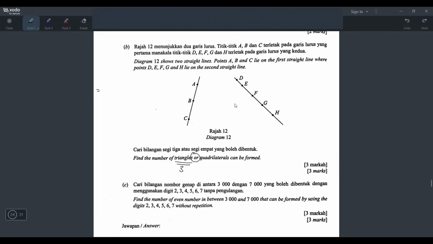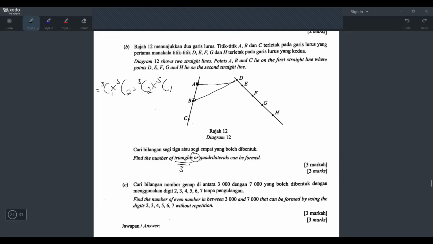But how can we find out how many triangles? We can use combination. Out of these 3 points, you will choose 1 point, but out of these 5 points, you are choosing 2 points to connect them, right? So you will times them together. But actually, you can also choose 2 points from the first line, so from 3 choose 2, and then from the 5 choose 1, and you will times them.